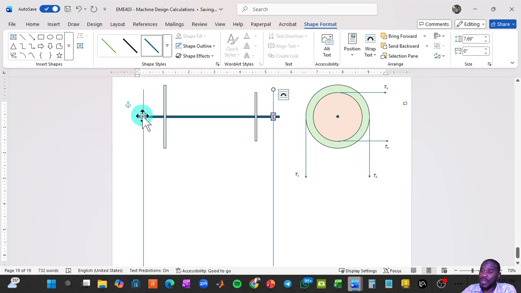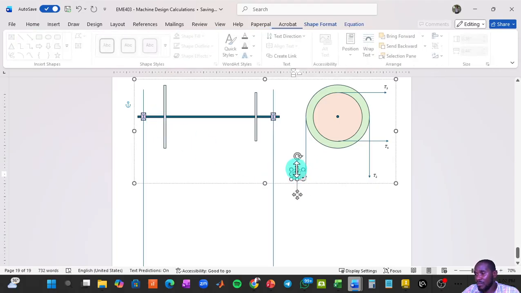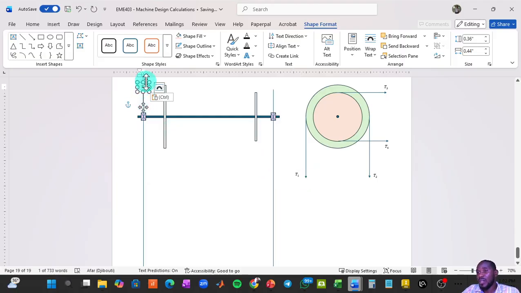The first is this bearing here, the second is this bearing, and then we have this pulley and that pulley on those sides. So these are the critical points. I would love to label them so it's easy to refer to them, because we are dealing with bending moments, we will need to find the forces that are acting at those points.